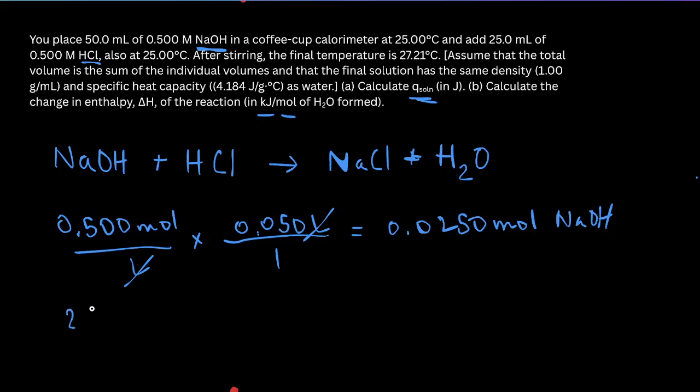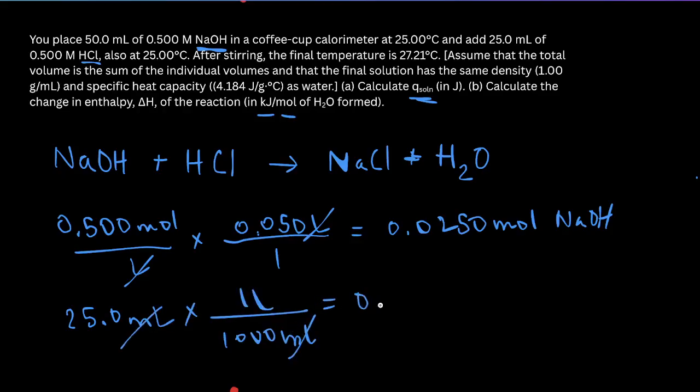Now, doing a similar thing for our HCl, well, we have 25 milliliters in this case, which if we convert to liters is 0.025 liters.